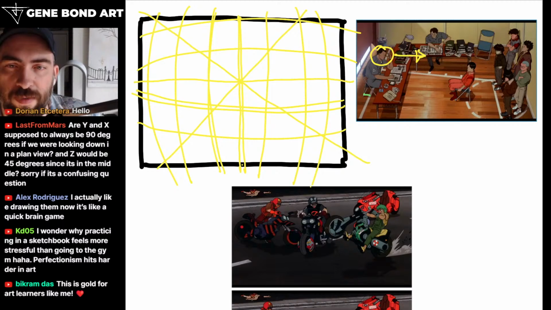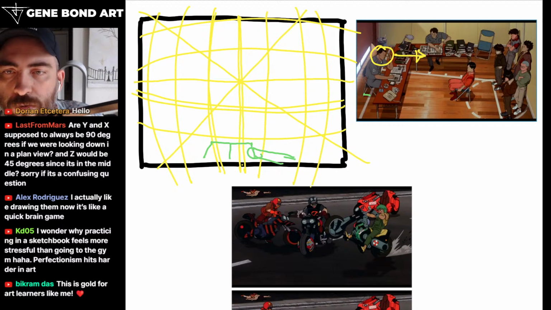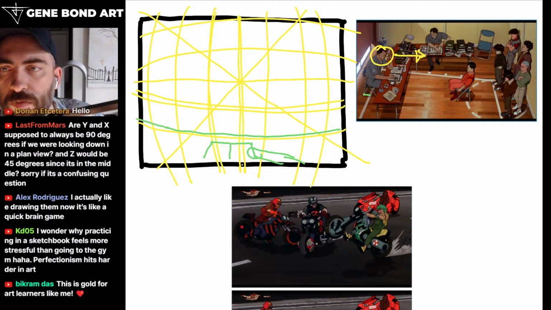He sits behind a table, maybe he can see this journal and his hand here. So then he sees the table. Okay, so this table already tells us the edge of the table.